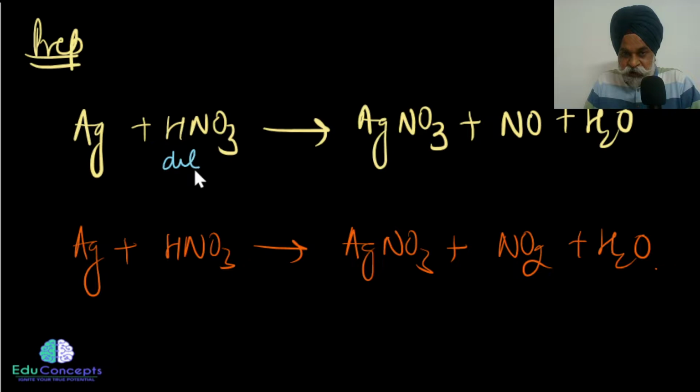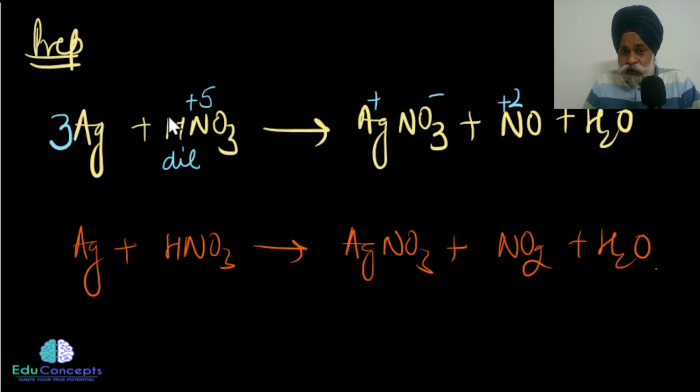If the nitric acid is dilute, then, see here, from the redox point of view, it is quite important. Nitrogen goes from +5 to +2. So there is a gain of 3 electrons, and those 3 electrons must have been given by the silver, because silver has gone to silver 1 positive.